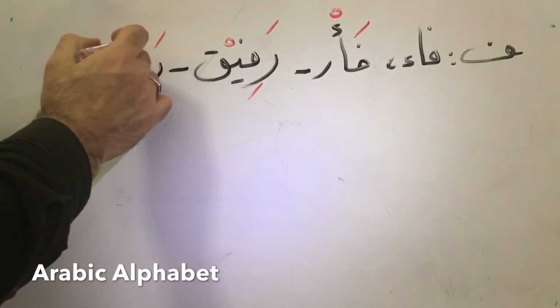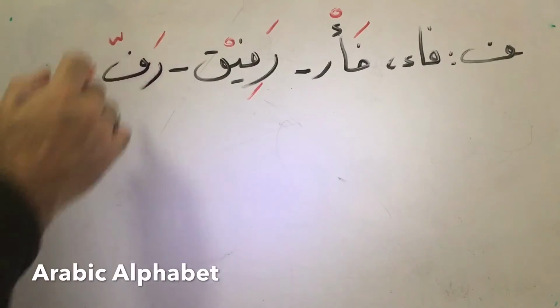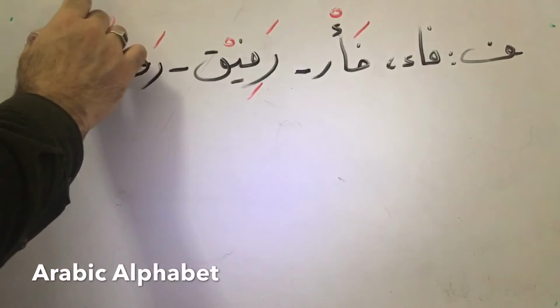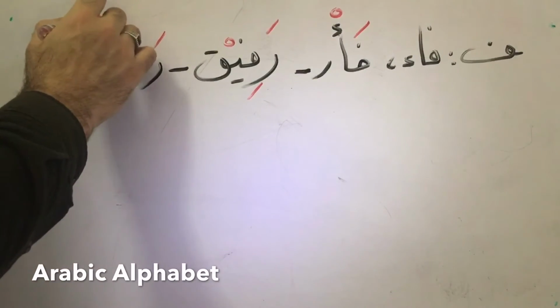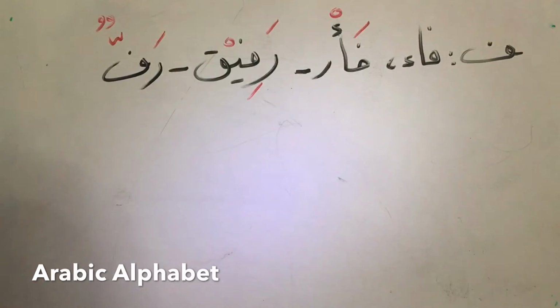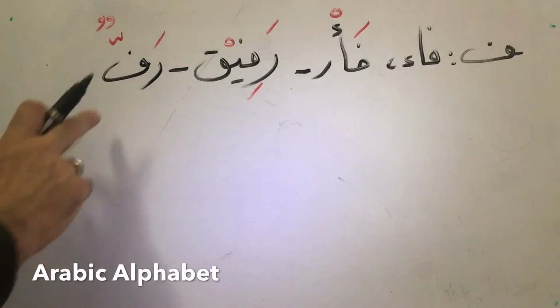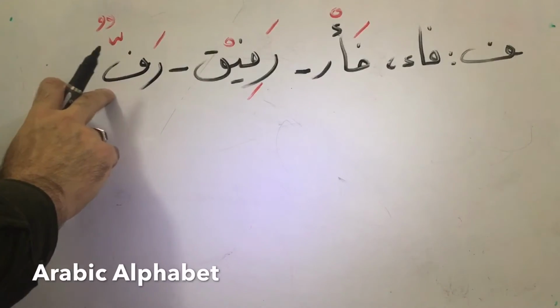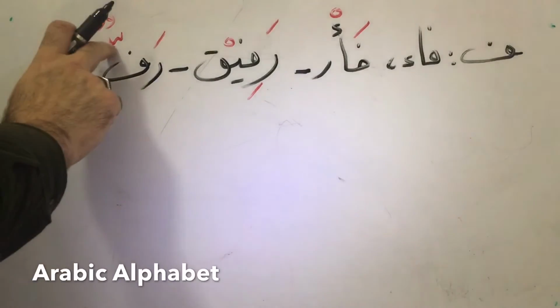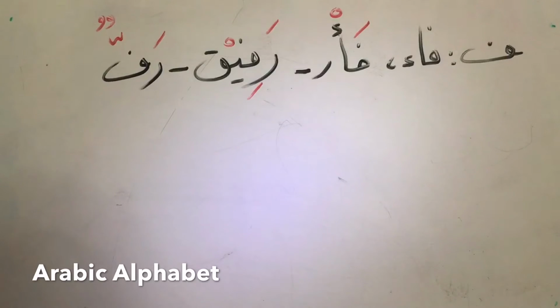Rafun. As we said before, this is Tanween Dam. This is Shadda. Raf means shelf. We have two Fa, so we put Shadda.